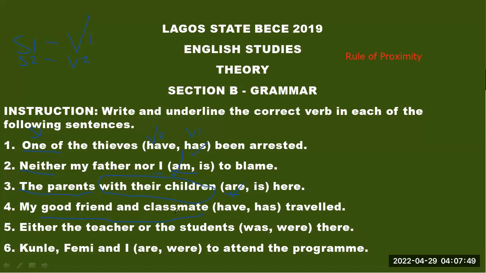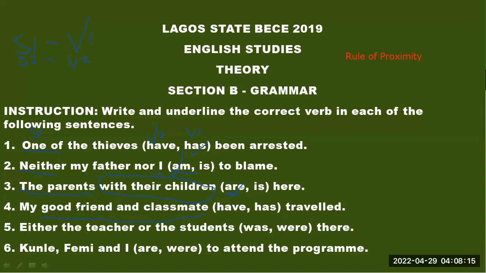How do we know? We know that because there is no modifier here. Now, if we have a modifier, then we should be referring to two persons, my good friend and my classmate. Now, if we have my classmate and we have my good friend, then we are referring to two persons.